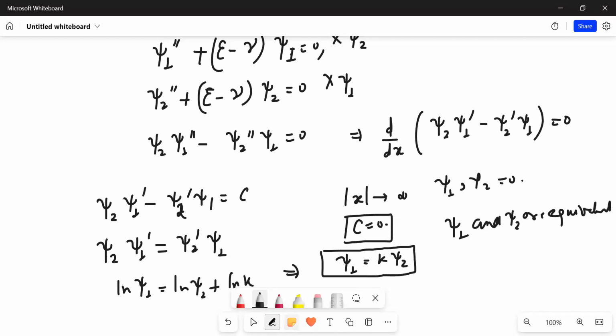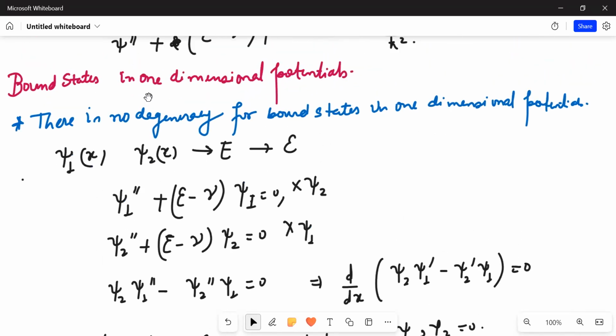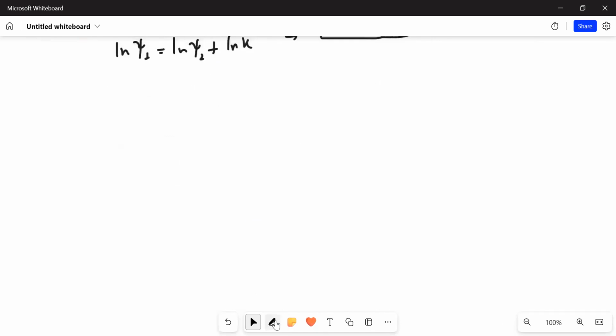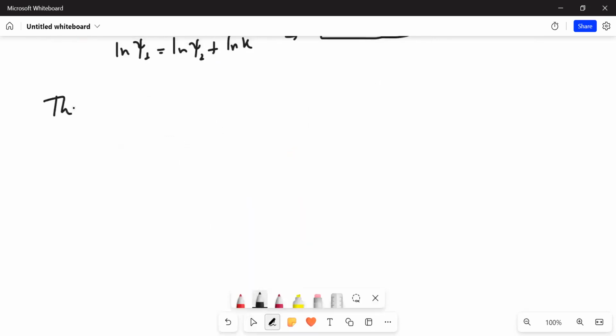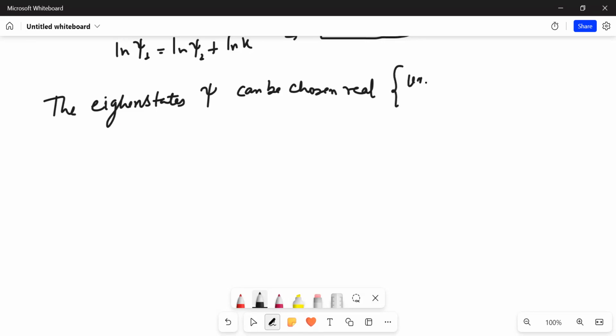What we assumed is that psi1 and psi2 are bound states in one-dimensional potentials. The other point is that the energy eigenstates psi can be chosen real. They need not be real, but they can be chosen real. This is what I want to state: the solution psi of the time-independent Schrödinger equation can always be taken as real.